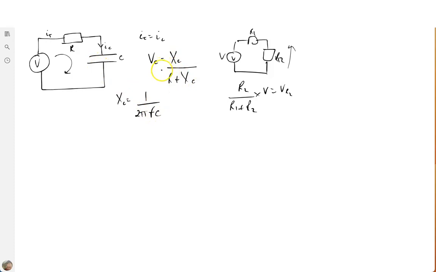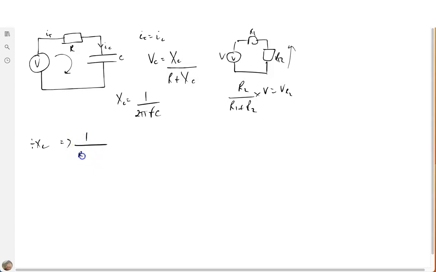Well, what we can do is divide through by XC. So we divide top and bottom, and we end up with XC divided by XC is 1, divided by R divided by XC plus 1.